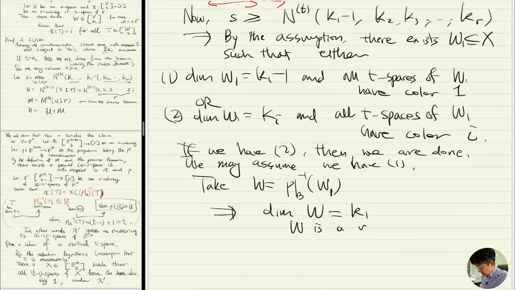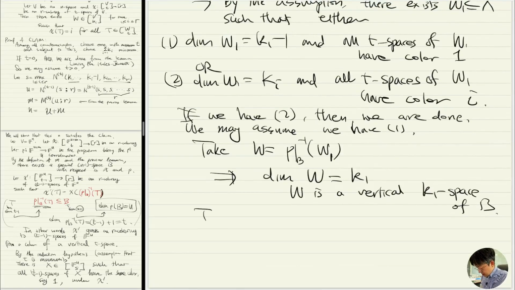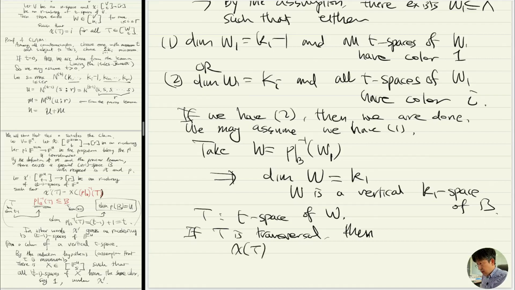And W is a vertical k1 space of B. And if T is a t space of W, if T is transversal, then PT is the same as T. I mean, we didn't decrease the dimension.